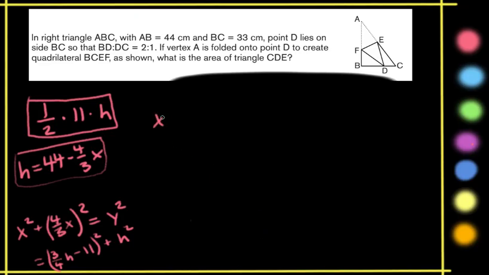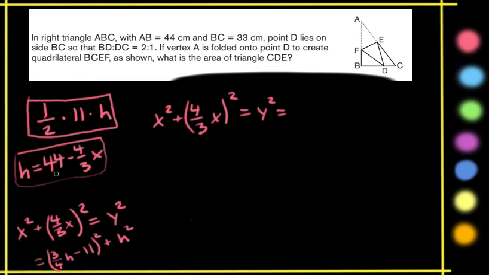So we've got x squared plus 4/3 of x, quantity squared, is equal to y squared, which is equal to 3/4 of h, and h is this.